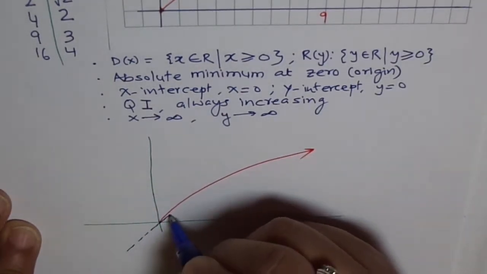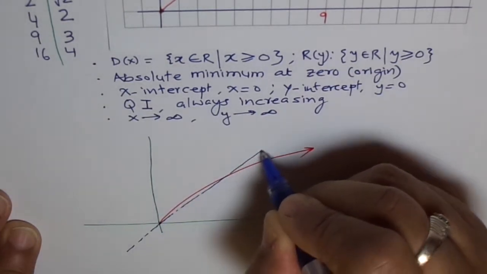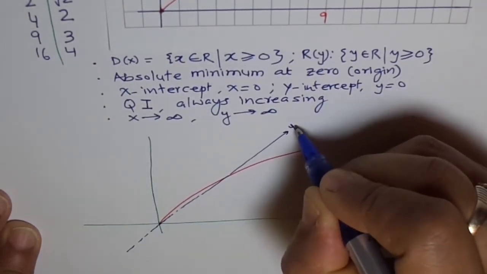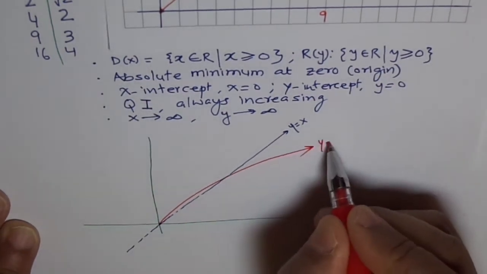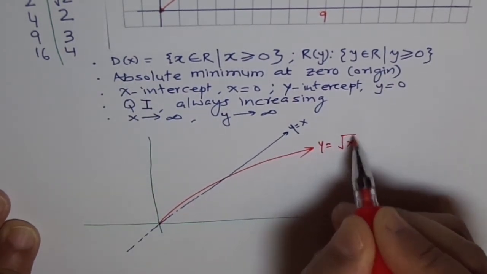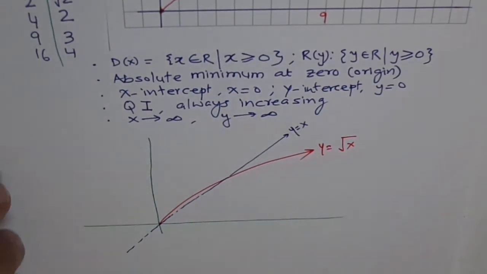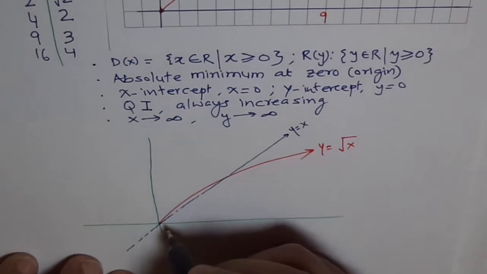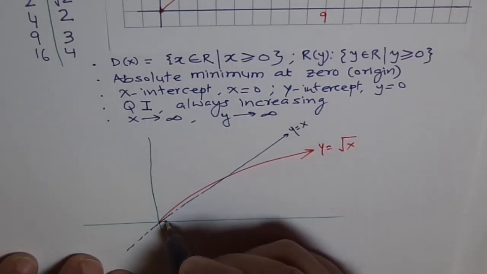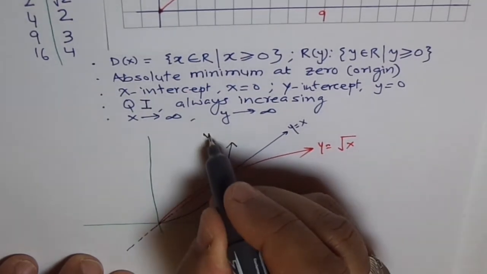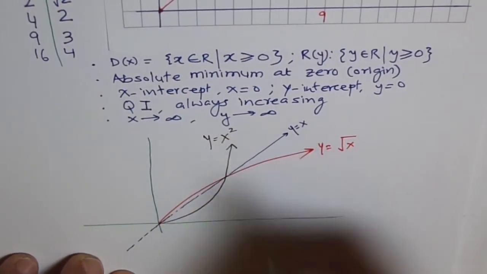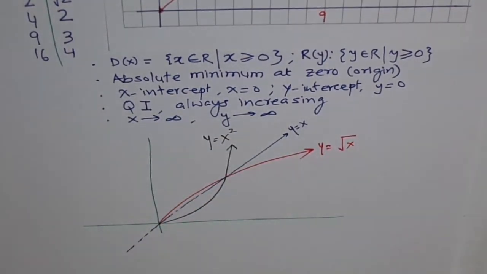Y equals x is a line which goes like this, right? Here y equals square root x. And we can have another curve, a parabola in quadrant 1, y equals x squared.